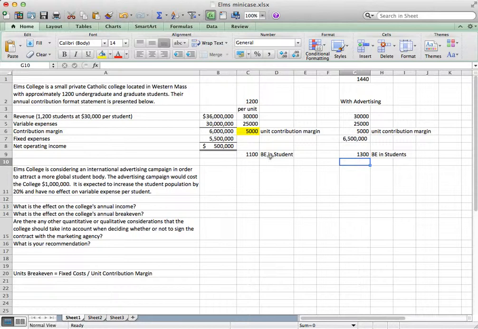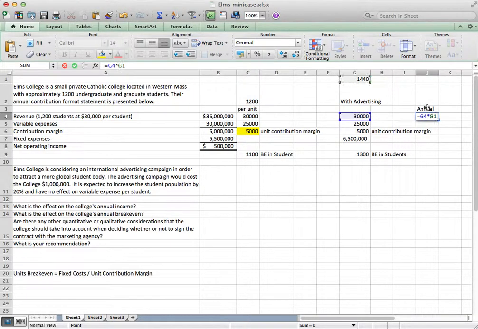So the first question that we're asked here is, what's the effect on the college's annual income? All right, so we can take a look at this. We will then do that over here. So let's annualize this. So if we had, again, 30,000 per student, I now have, let me make this an absolute value.